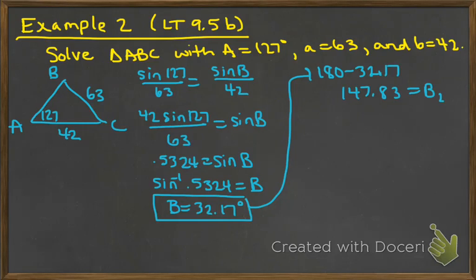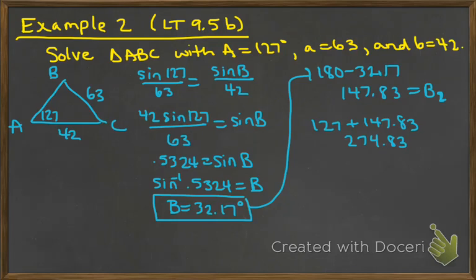What I need to do to see if that actually works is combine it with the angle I already have. The angle I already have is 127. I'm going to add 147.83 to it. And when I do that, I get 274.83. Now I know that in a triangle I can only have 180 degrees.